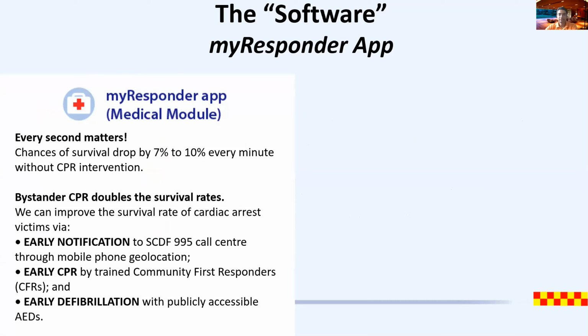Then early CPR by trained community first responders, abbreviated as CFRs, who respond to the MyResponder app alert, and early defibrillation with the publicly accessible AEDs. So these are three main ways of how we can improve the survival rate of cardiac arrest victims: early notification, early CPR, early defibrillation.